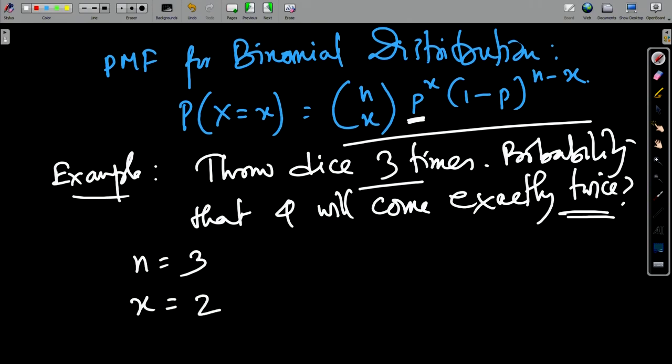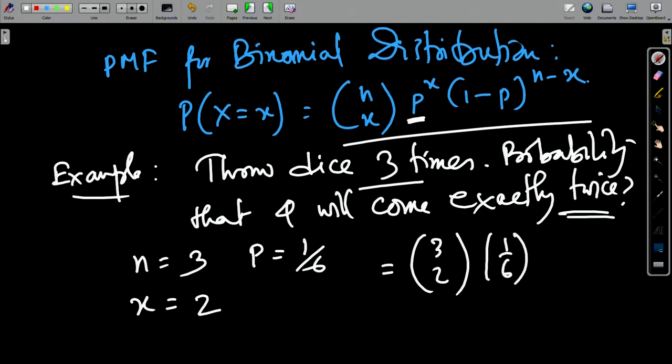You want 2 successes, and your probability p is, since you are throwing a dice, there are 6 possible outcomes, so the probability is 1 by 6. Okay. And since you want exactly 2 fours, what you get is 3C2 times 1 by 6 to the power x, which is 2, and 1 minus 1 by 6 to the power 1.